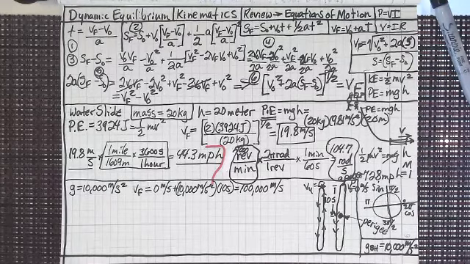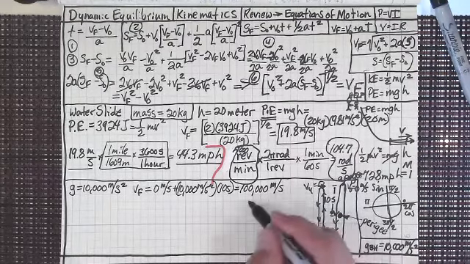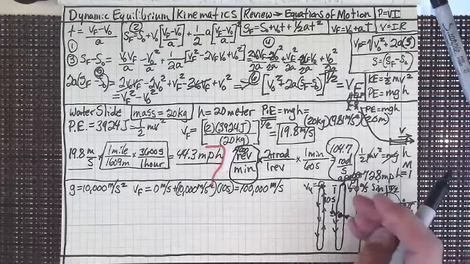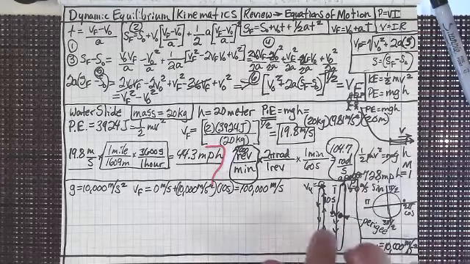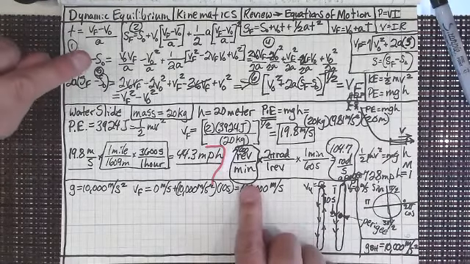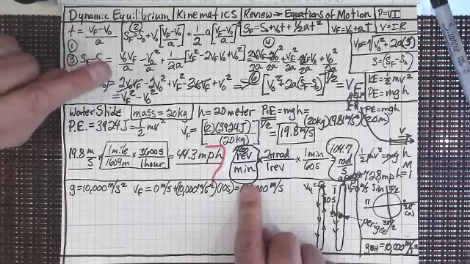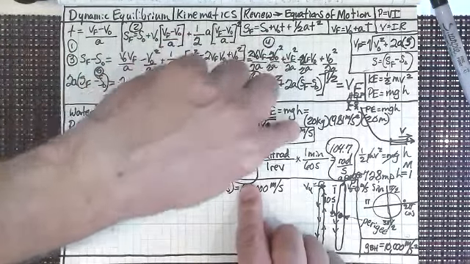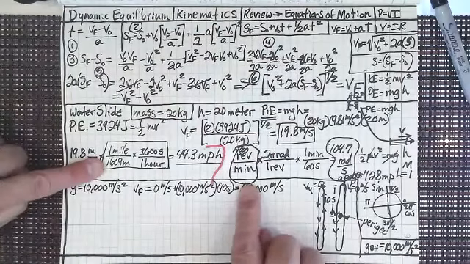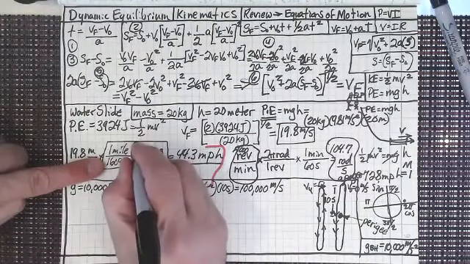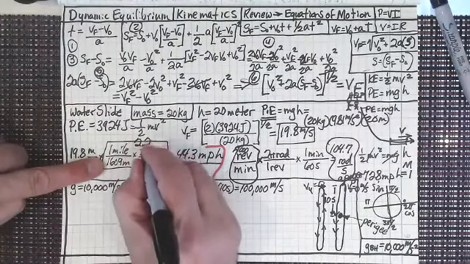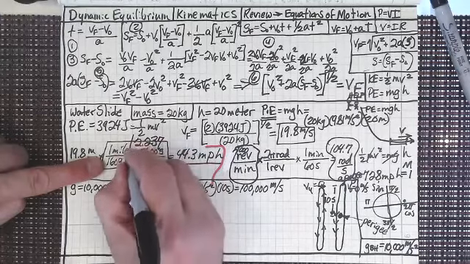How fast is that in miles per hour? Oh my God. We've got it right up here, don't we? And we know that this equals 2.237.